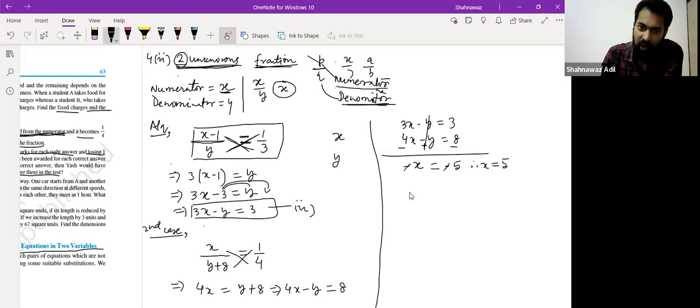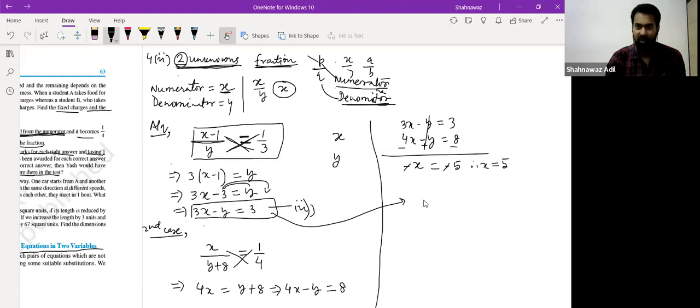And how will you calculate the value of y? So to calculate the value of y, we will use, yes, Talha, are you saying something? I said, what can I try?